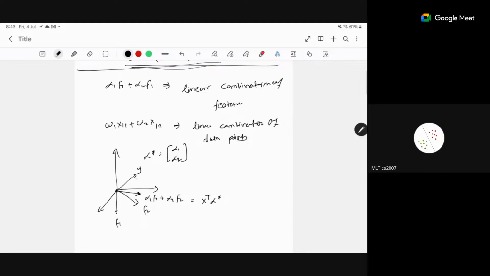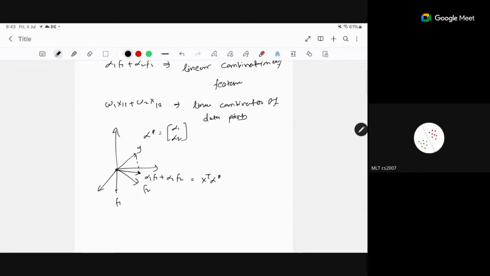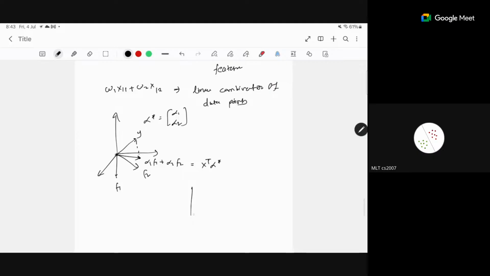This is your feature vector. And what about w? How will w look? You have x1, x2, x3, and each of x1, x2, x3 has 2 components.